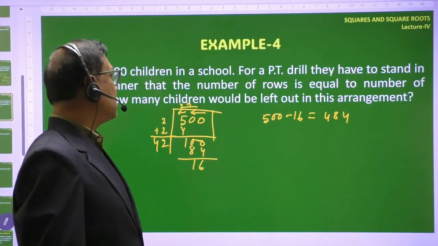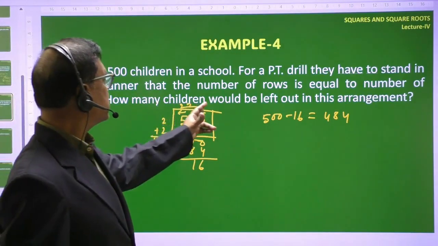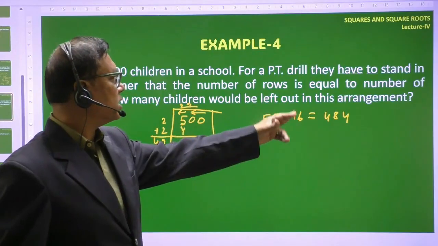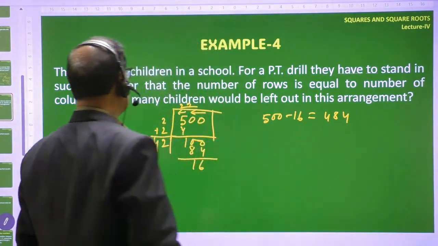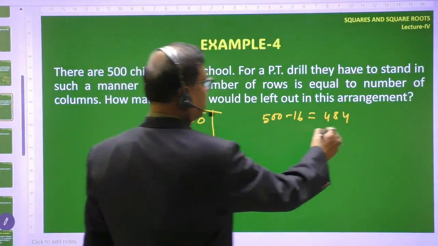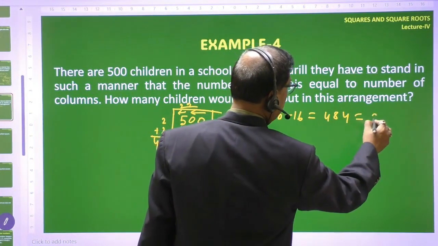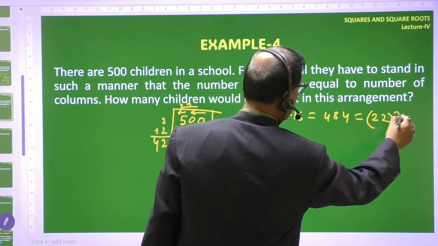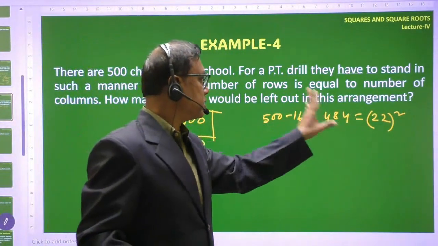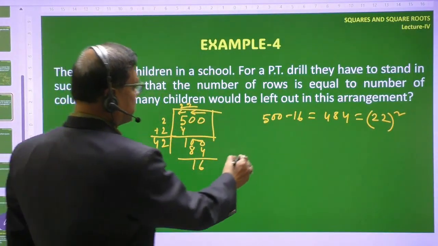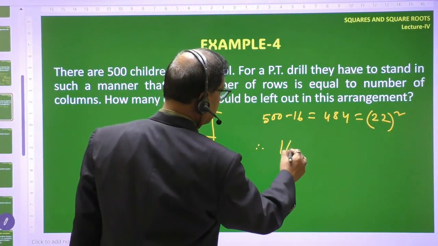Yes or no? The question is, how many children would be left out in this arrangement? So 16 students, the answer will be 16, because this number is a perfect square and that is 22 square. From here we are getting 22, so 22 square is this. So our answer will be here 16.